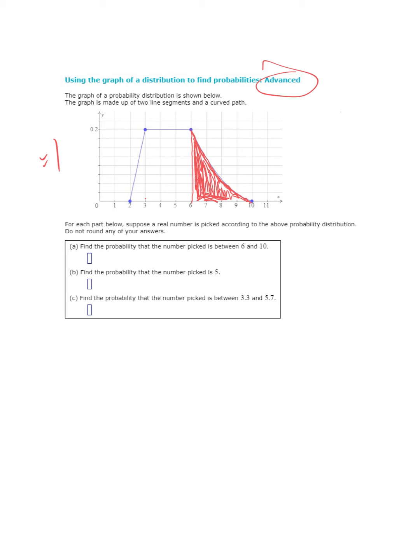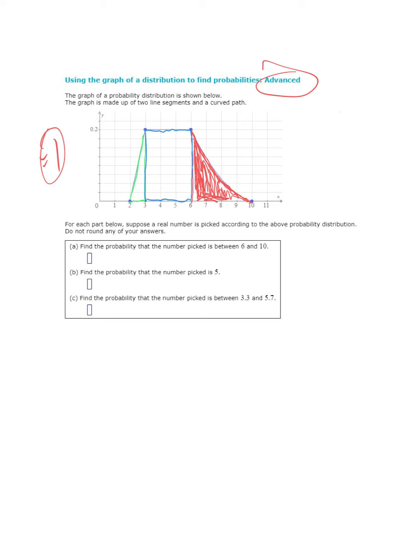But since it's a curve, I'm either going to need to know some calculus, or I'm going to rely on the fact that the area under the curve is 1, and I'm going to find the other area. So I'm going to divide this up into this green triangle and this blue rectangle, and find the area of each of those.